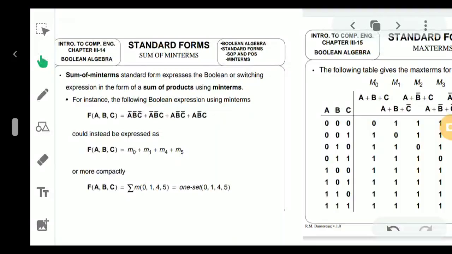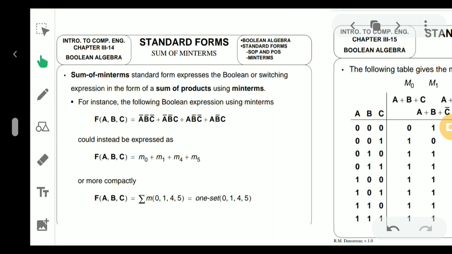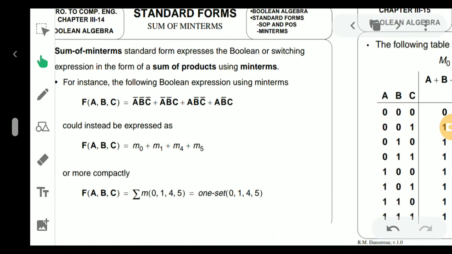You know what the M0 value is. A bar B bar C bar means M0, so we are writing M0. A bar B bar C means M1. Next, A B bar C bar, this is M4, and A B bar C is M5. So we are adding all those four, and as it is a sum, the summation symbol is required.